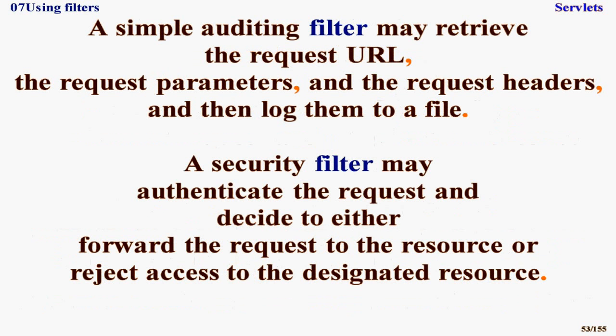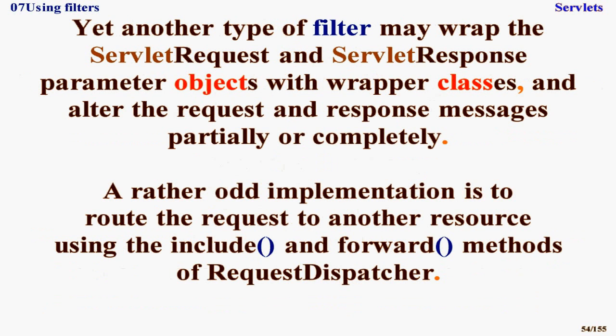A simple auditing filter may retrieve the request URL, the request parameters, and the request headers, and then log them to a file. A security filter may authenticate the request and decide to either forward the request to the resource or reject access to the designated resource. Yet another type of filter may wrap the ServletRequest and ServletResponse parameter objects with wrapper classes, and alter the request and response messages partially or completely.